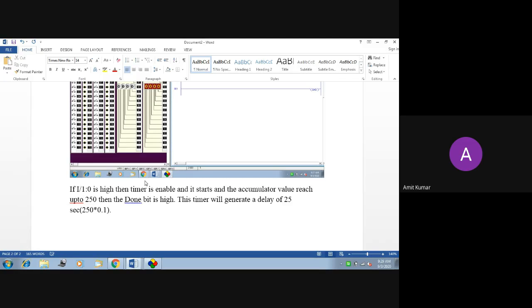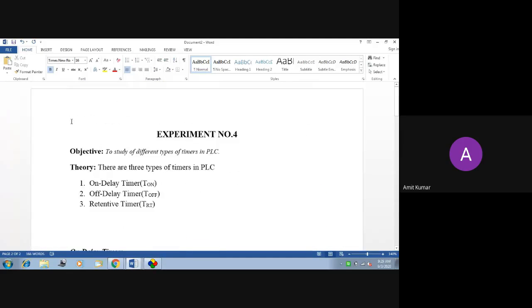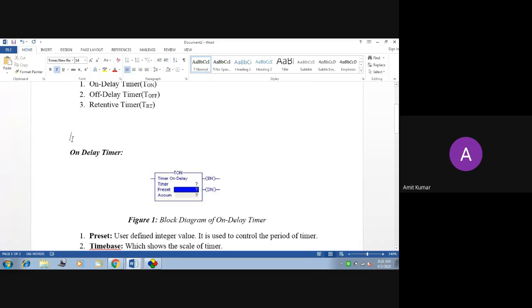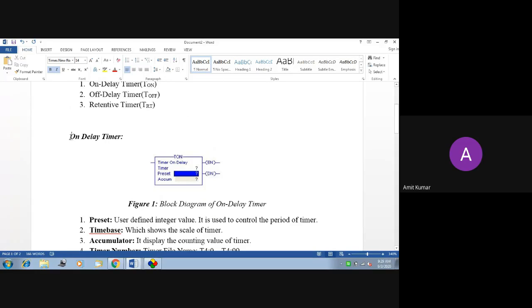So 250 is your accumulator value, and the multiplication factor is your time base. You need to write up to this point if you are asked about the timer. Now, in the same way, we will move to the retentive delay timer.